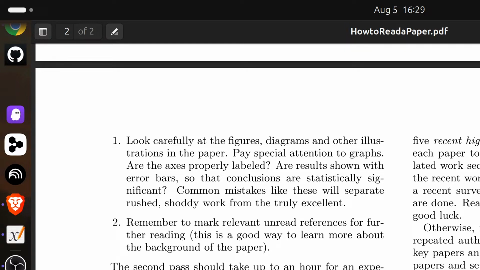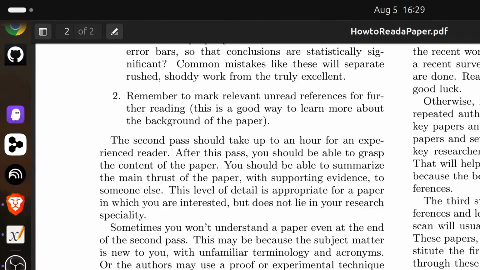You should be able to summarize the main thrust of the paper with supporting evidence to someone else. This level of detail is appropriate for a paper in which you are interested but does not lie in your research specialty. Sometimes you won't understand a paper even at the end of the second pass.